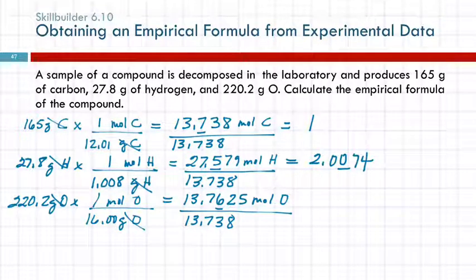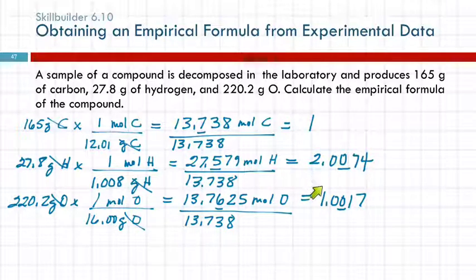And then this one at the bottom, 13.7625 divided by 13.738 equals, actually, it's 1.0017. Okay, so those are my ratios. I've got 1 and 2.0074 and 1.0017.